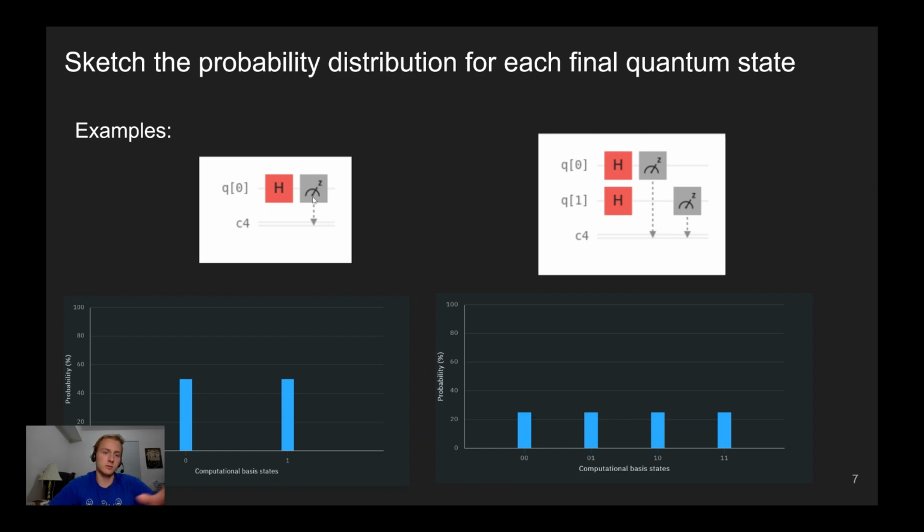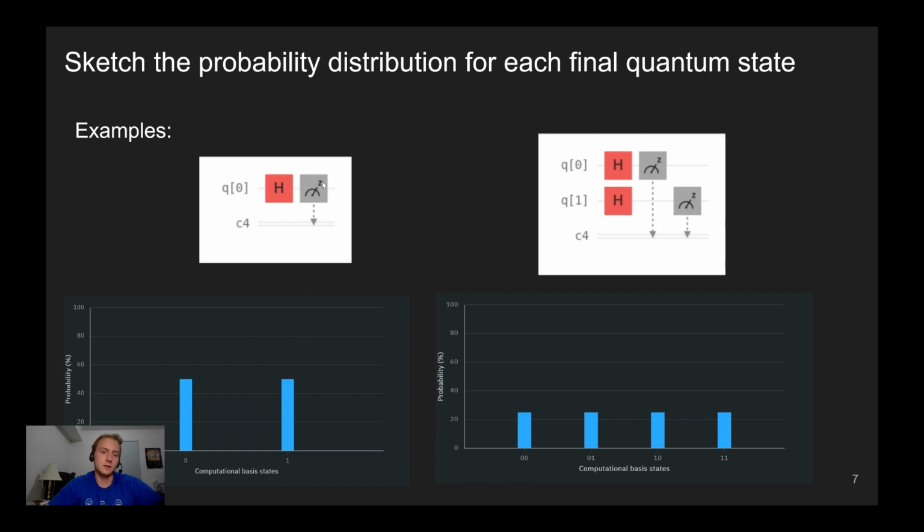And it means you're collapsing your quantum state into a classical measurement, which means that it can no longer be in a superposition. We can touch more on this in future sessions for these crash courses. But for now, just understand that it means measurement.